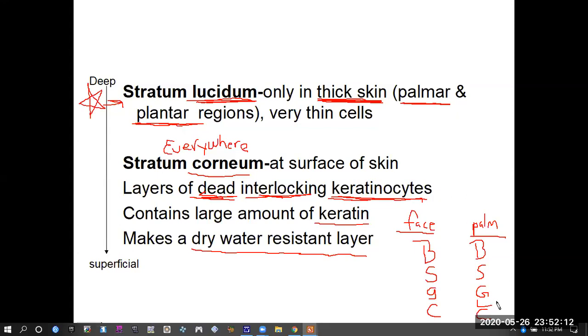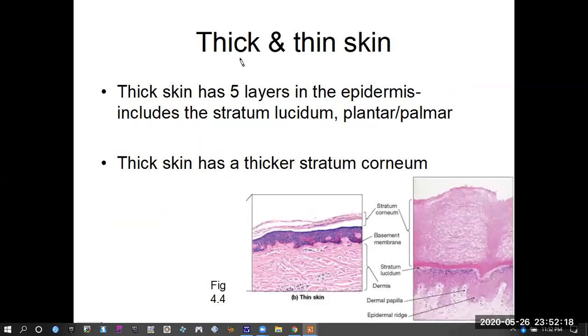So continuing with this concept of now thick and thin skin, another difference seen in the epidermis, of what we consider thick epidermis versus thin epidermis. We already mentioned there's 5 layers to the thick epidermis, and that additional layer, stratum lucidum. The stratum corneum is everywhere at the surface.